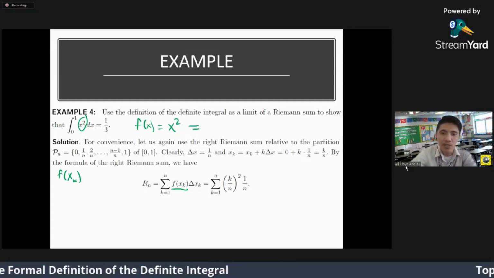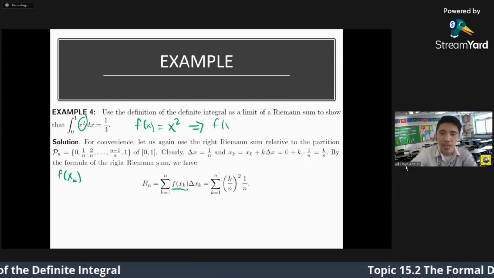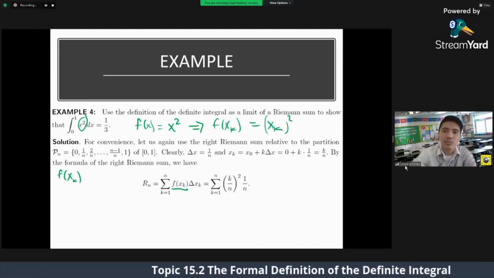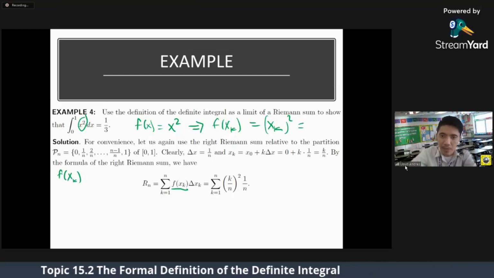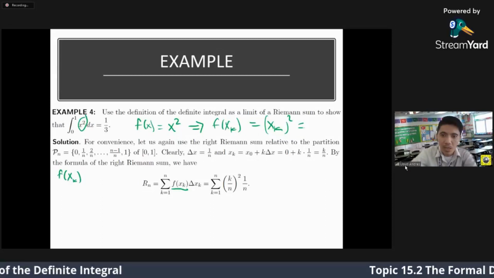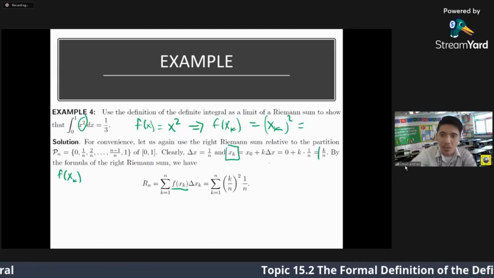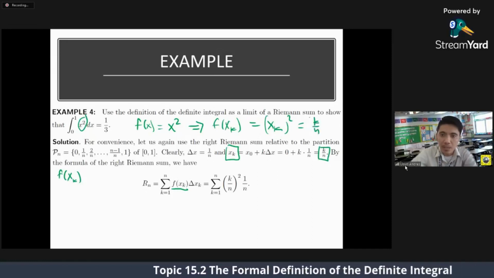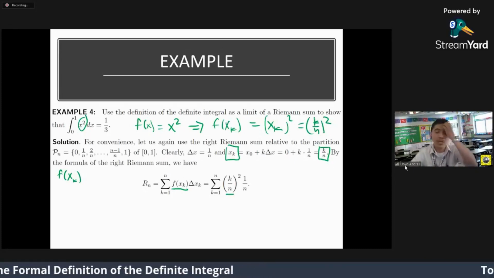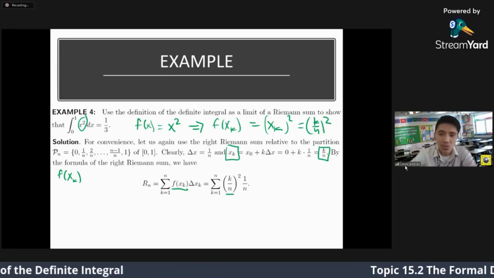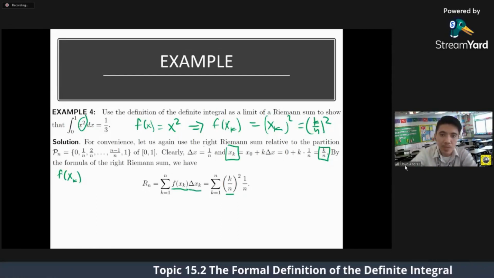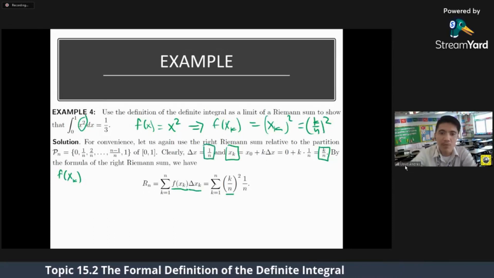So therefore, our f of x sub k is equivalent to x sub k squared, given naman ang x sub k na nasolve naman nato nga k over n squared. I hope na-follow nganong asa na gikan. And lastly, kaning delta x sub k, na-solve na kanina, mao na 1 over n.